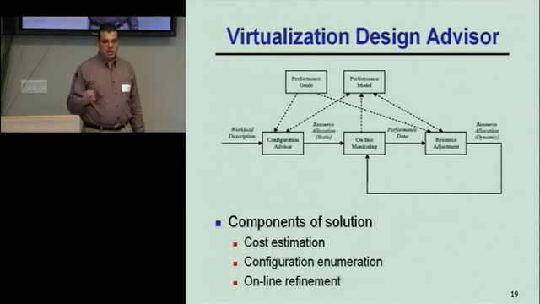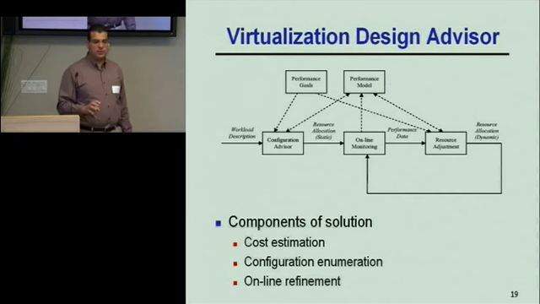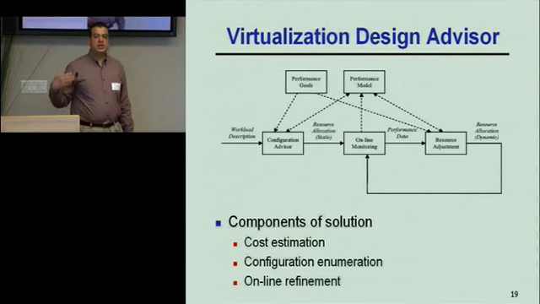And all database systems now provide tools, advisors for automatically making these physical design decisions. Decisions like choosing which indices to create for a specific workload, which materialized views to create for a specific workload, how to partition the database among disks. Okay? And we're going to treat this as an extension of the physical design problem.